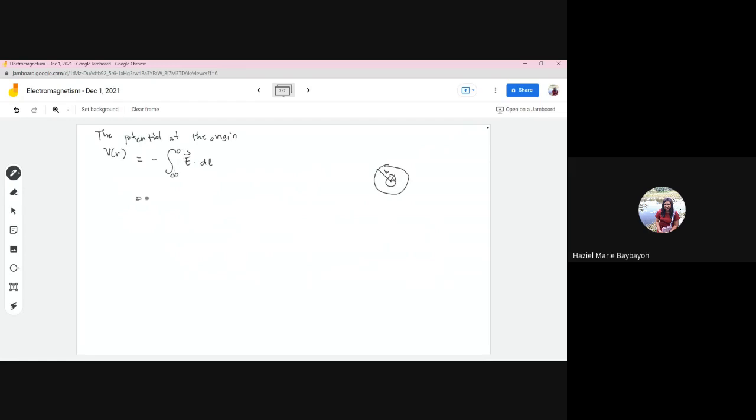So we can have three integrals out from this. We have E dot dl from infinity padulong kay B. So ang atong electric field is sa region 3, electric field sa region 3 dot dl from infinity to B.